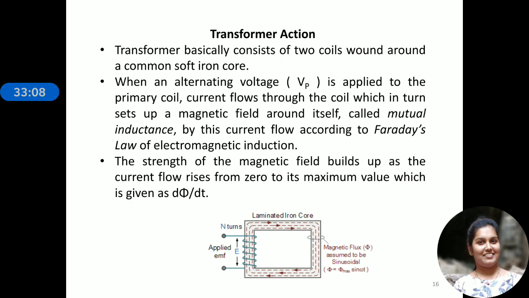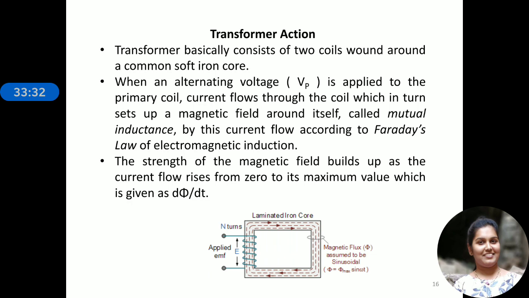When an alternating voltage Vp is applied to the primary coil, current flows through the coil, which in turn sets up a magnetic field around it, and what we call this is nothing but mutual inductance, governed by Faraday's laws of electromagnetic induction, right?